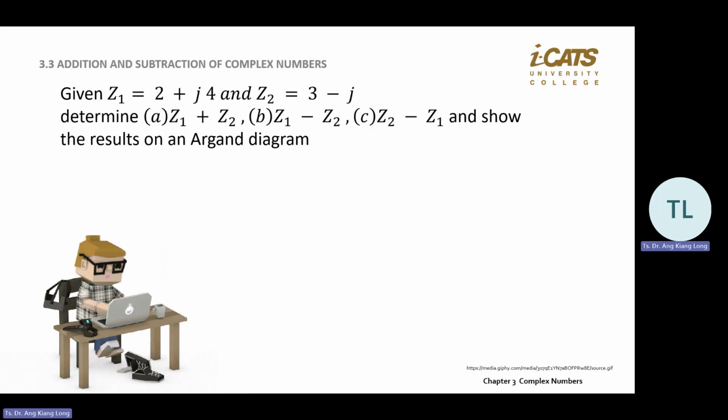Z1 minus Z2. 2 plus j4 minus 3 minus j. You will get minus 1 plus j5. Okay, so minus 1 will be in quadrant 2. Minus 1, j5.